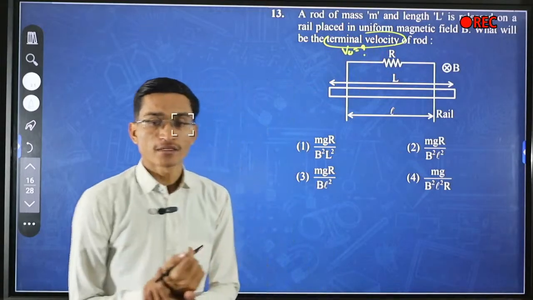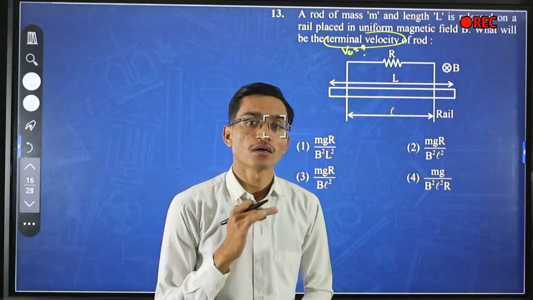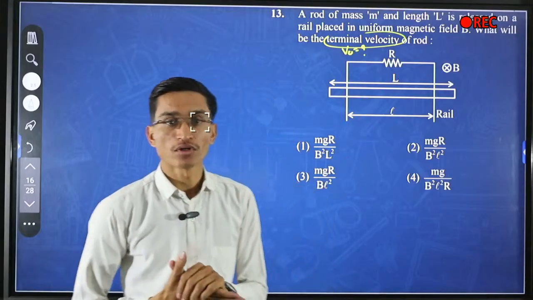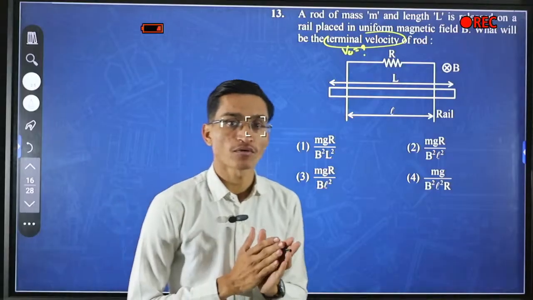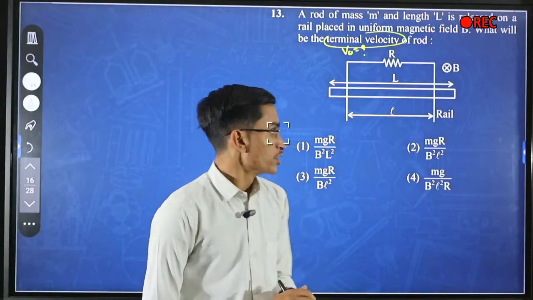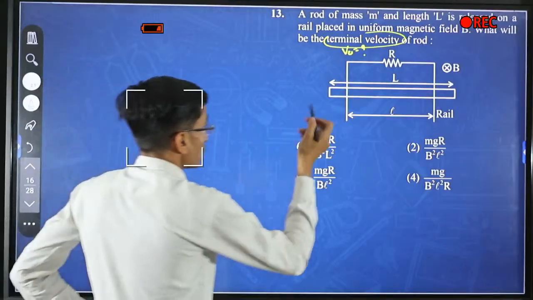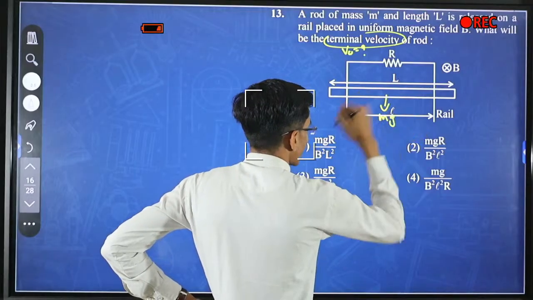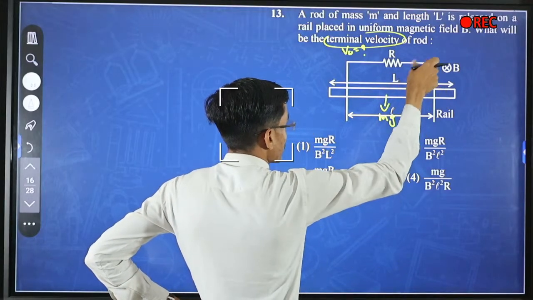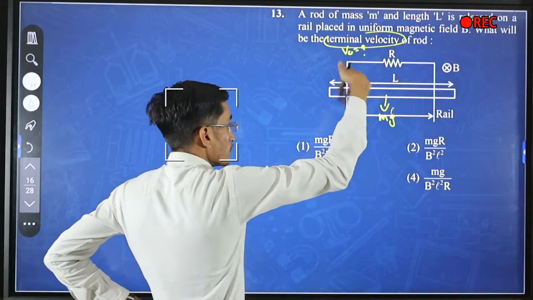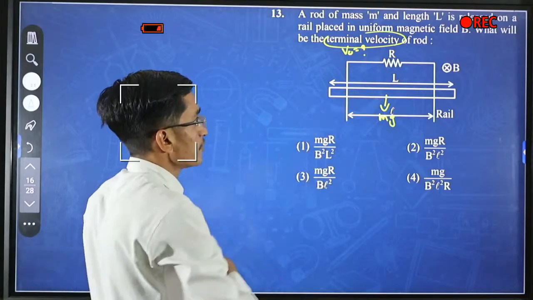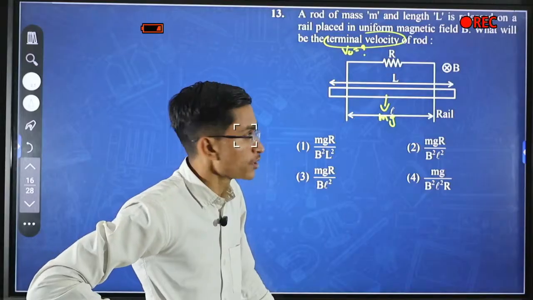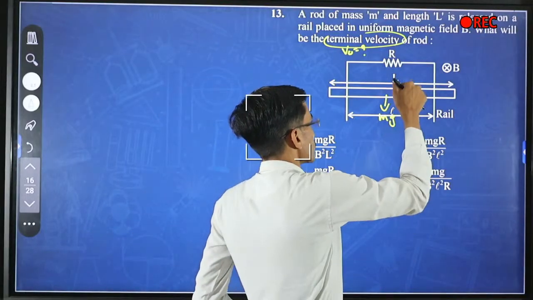At the situation of terminal velocity, the net force acting on this rod will become F net equal to 0, because terminal velocity is achieved and the F net on any body becomes 0. Let us draw in this diagram that mg will act downward. Due to the changing area, magnetic flux will be linked in this area and EMF will be induced. Due to EMF, current will be induced. So first of all, find the direction of current in this rod.